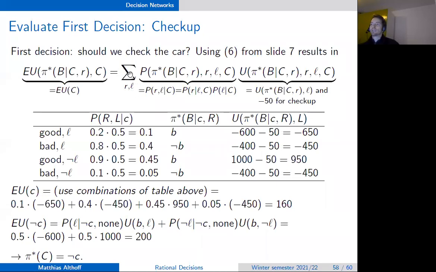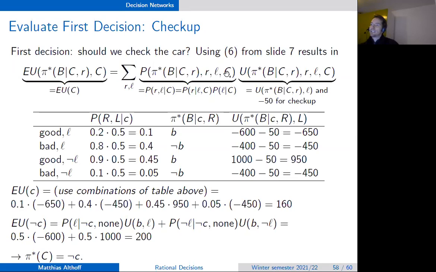And now we're summing not over one variable, but over R and L. And because of that, we will remove R and L from the expected utility, and then only obtain the expected utility of buying given checkup. Then there are some other simplifications. So first of all, because the policy is given from the previous decision, this has no influence on the probability.